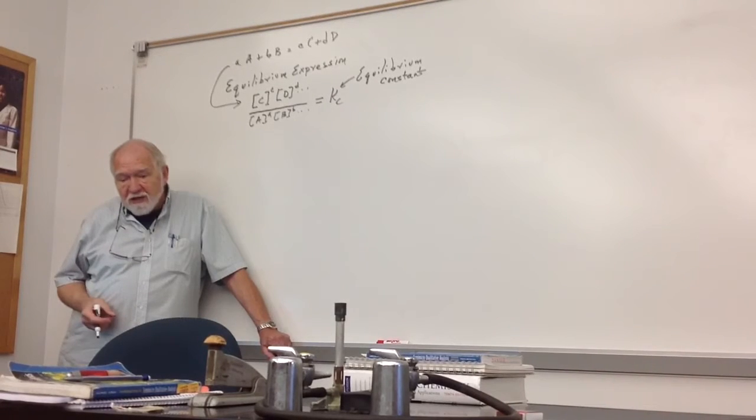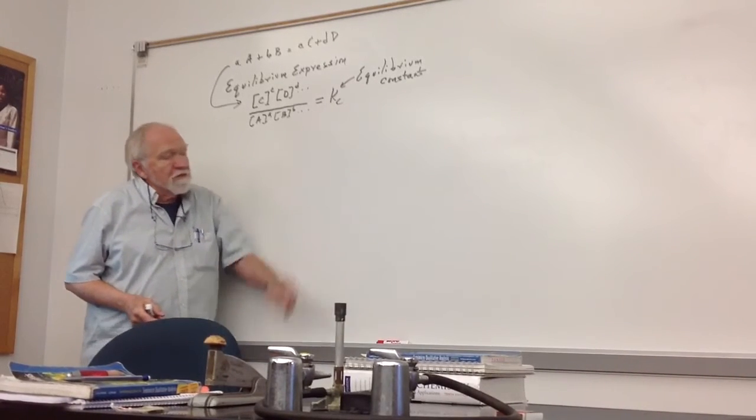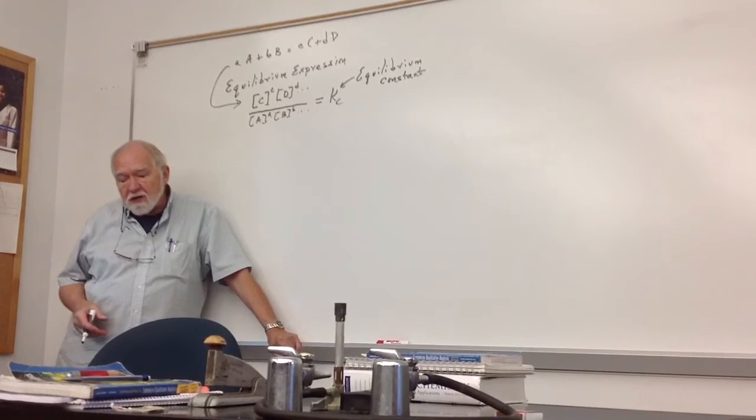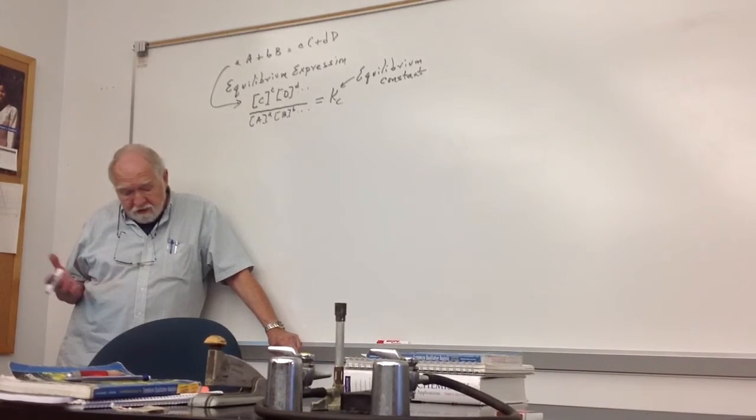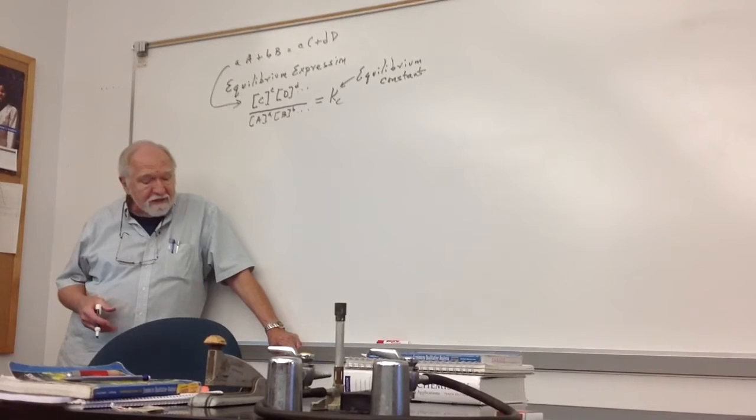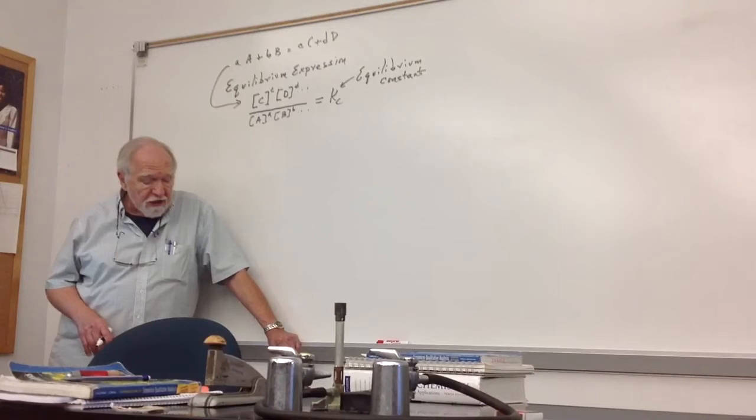If you change the temperature, you can change the value of this number. If you change the pressure, you can change the value of that number. So we'll look at some of those effects later in the semester. But right now, we're just assuming that the temperature is staying constant. That's what causes the biggest change.